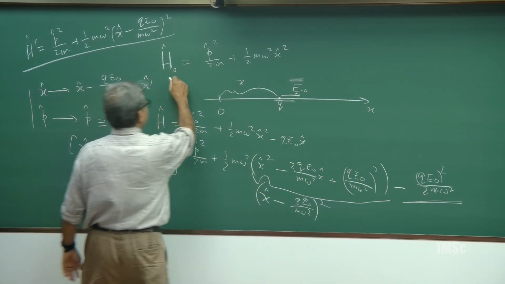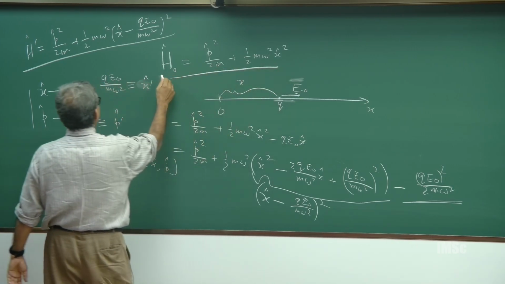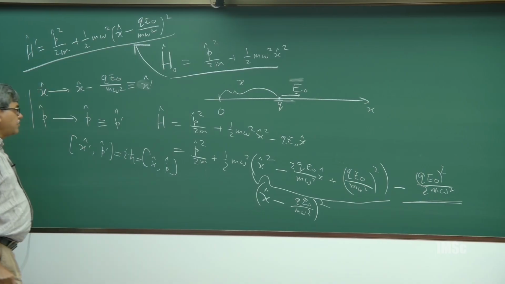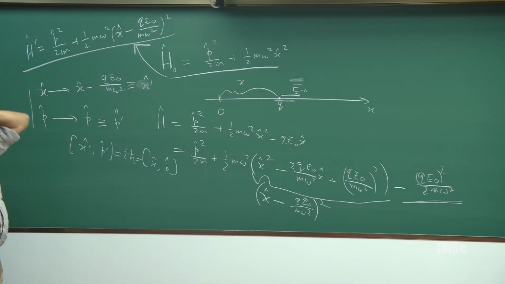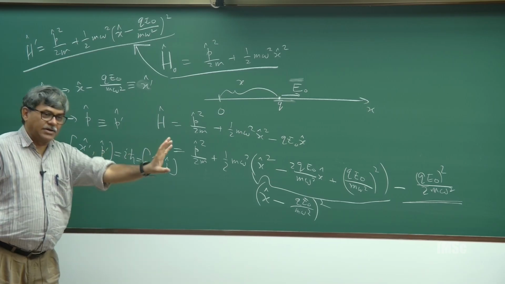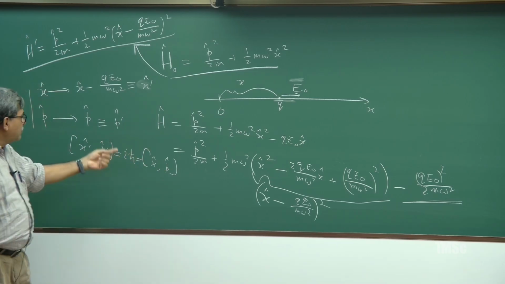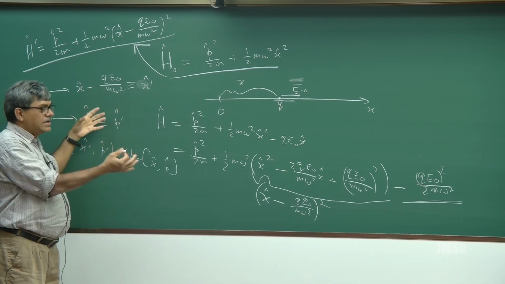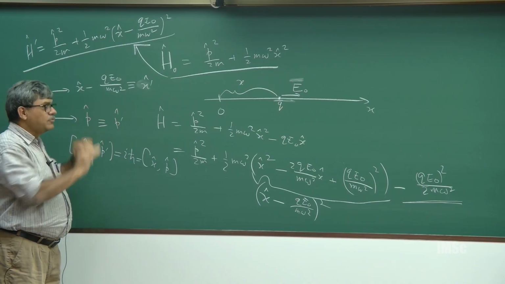So, from here to come to this Hamiltonian, okay, what is it that I will have to do operationally? Physically I am translating the particle along the x axis by this amount, but at the level of state space, what is it that I am doing?